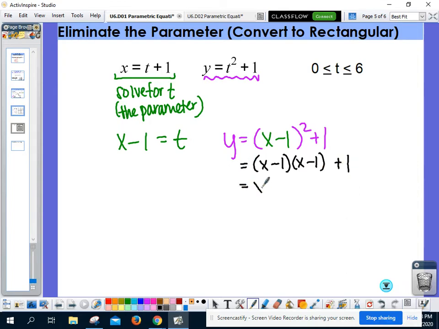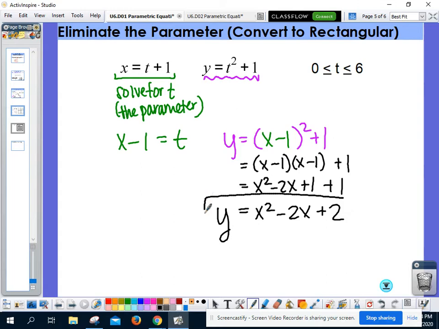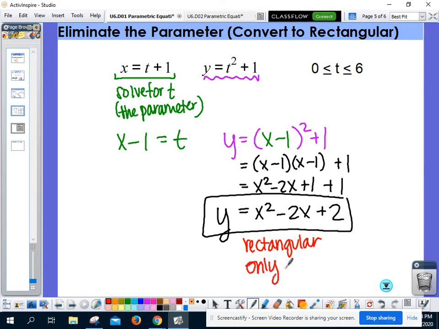When I FOIL that together, I get x squared minus 2x plus 1 plus an additional 1. So we get x squared minus 2x plus 2. That's what y equals. Go ahead and put a box around that equation. I know that I'm done because this is a rectangular equation. It's in terms of x and y, and we only have one equation.